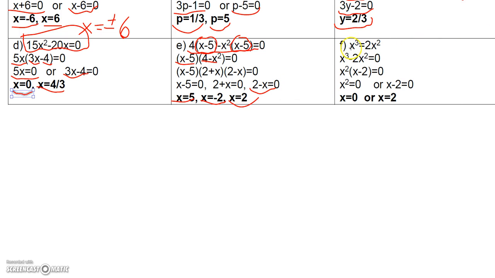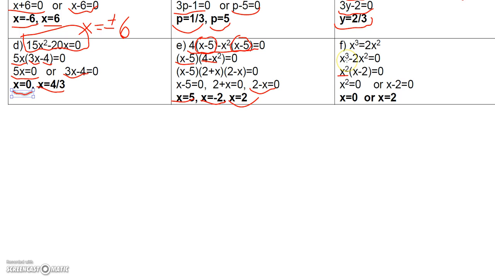All right, let's do one more here. Here I've got x cubed equals 2x squared. What I want to do is move this 2x squared to the left side, and when I move it over there, it becomes a minus 2x squared. Then I can factor the x squared out, since that's a common factor.